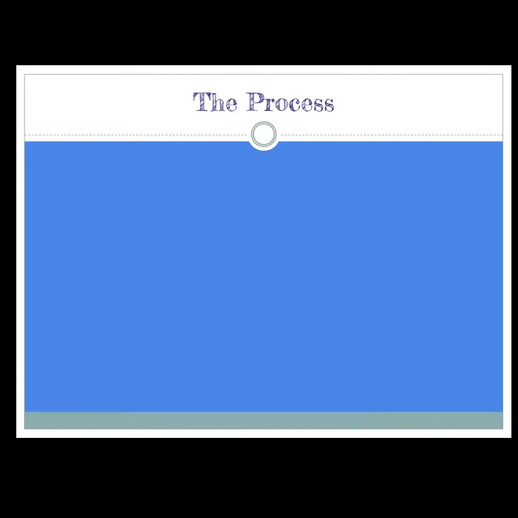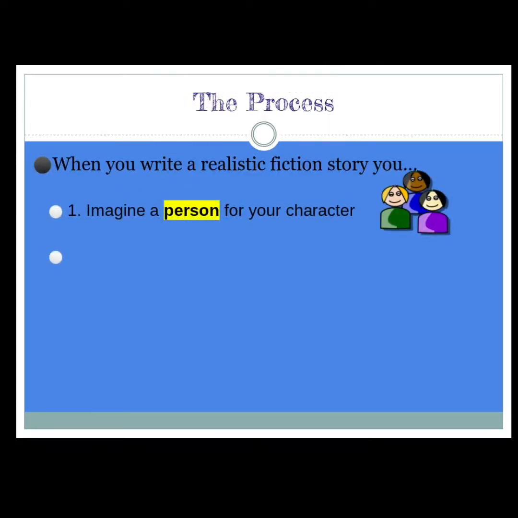Now let's talk about the process of writing a realistic fiction story. When you write a realistic fiction story, you, number one, imagine a person for your character. Number two, then imagine a real-life place for them to be.